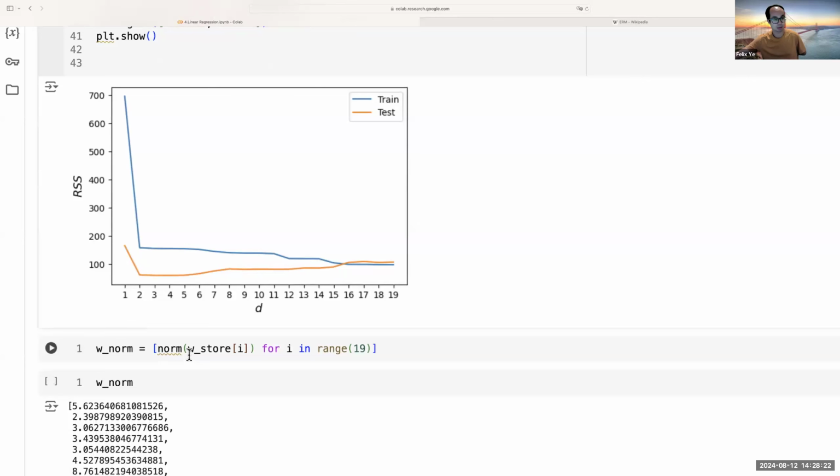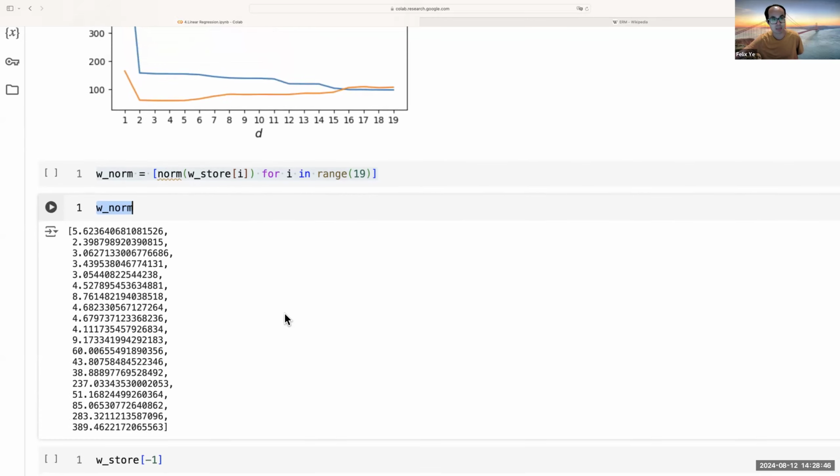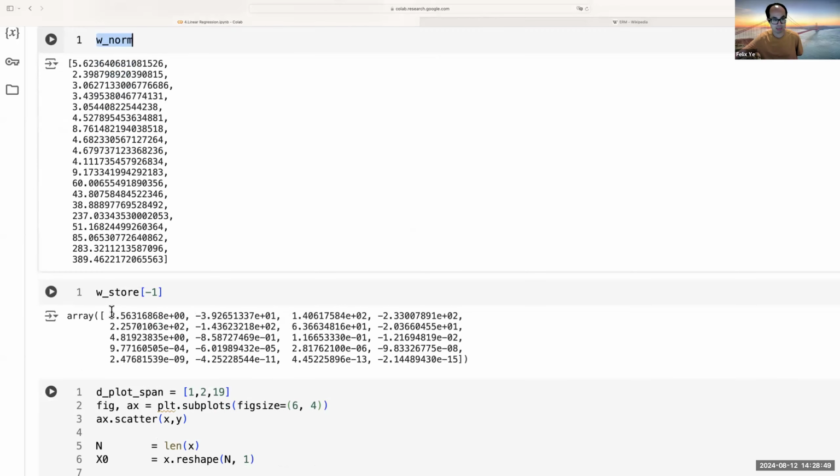All right, so we can also find out the norm of this W. You can see this starts to increase a lot when my D is really large. You can see right here, this W, which is the norm of my coefficients, is super large. If we actually look at the case of, I believe, D equal to 19, you can see these are the coefficients, and they actually vary a lot.